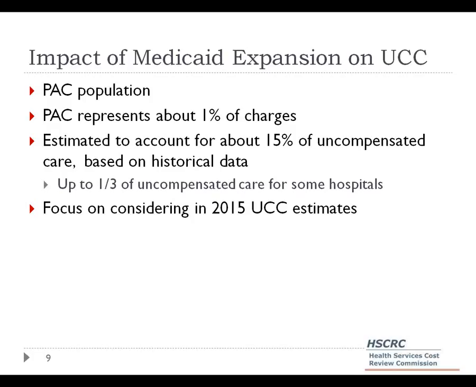And so to a certain extent, I'd just like to understand a little bit more about how unique this population may be and what we can predict about what their use rate of hospital services will be now that they've gotten full coverage through Medicaid, whether that will improve, whether they'll stop using hospital services, use it in greater numbers. I think that's part of the challenge of understanding what kind of adjustment to make.